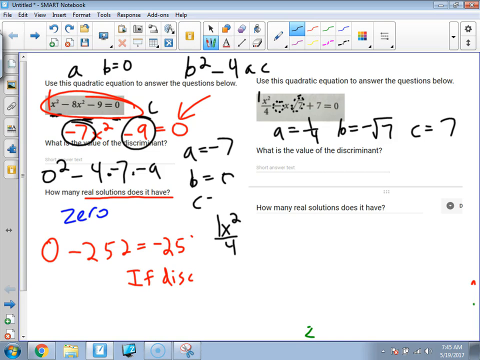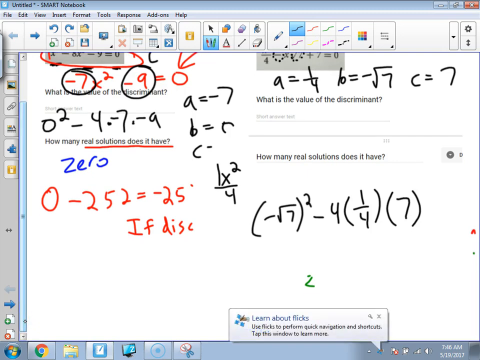All right, b squared minus 4ac. Let's calculate it now. b is negative square root 7, and I'm squaring that. Minus 4 times a, which in this problem is 1/4, times c, which in this problem is 7. So then we evaluate this.